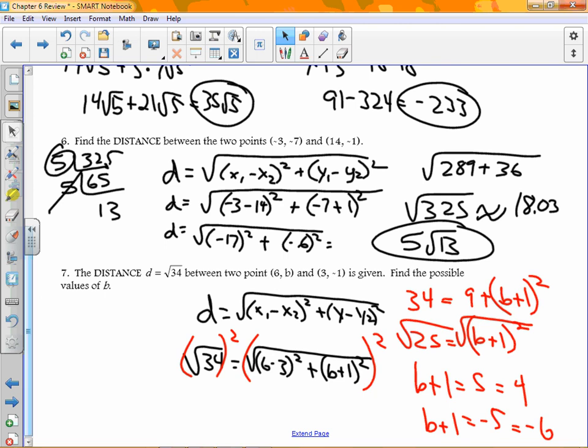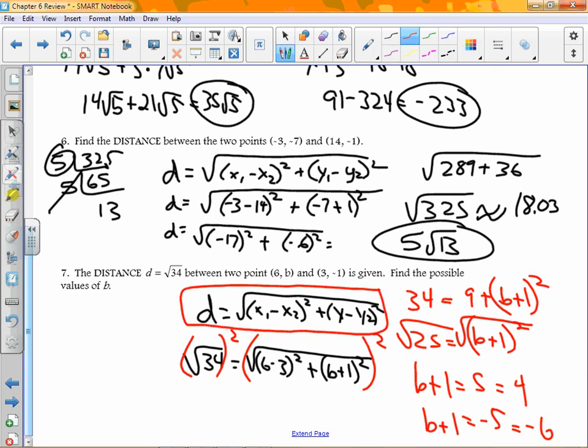What I want you to see, guys, is it's a distance. Don't get confused with this concept. It's a distance formula problem. So the first thing you ought to do is write the distance formula. I keep going back to this concept when we work distance formula problems and Pythagorean theorem problems. The first step is you just substitute stuff in.